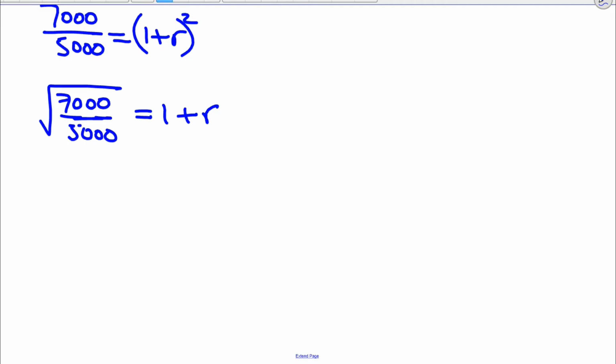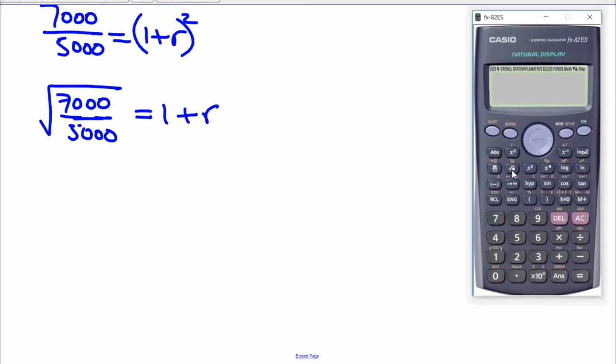Now we can find the square root of 7,000 over 5,000 using our calculator. So if you plug this in your calculator, and it will be better if you can use your fraction button in your calculator. So the square root of 7,000 over 5,000. So that will be equal to 1.183.